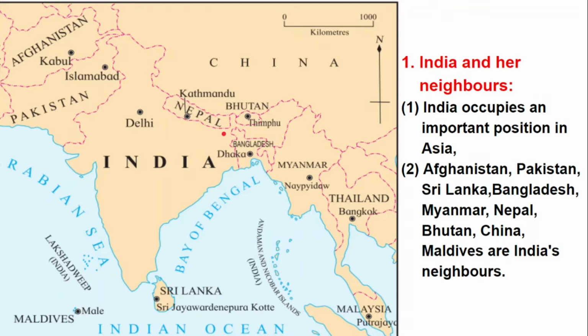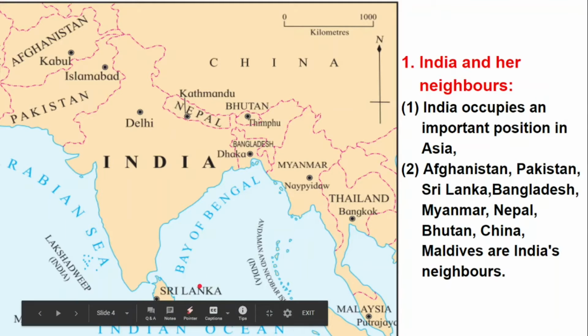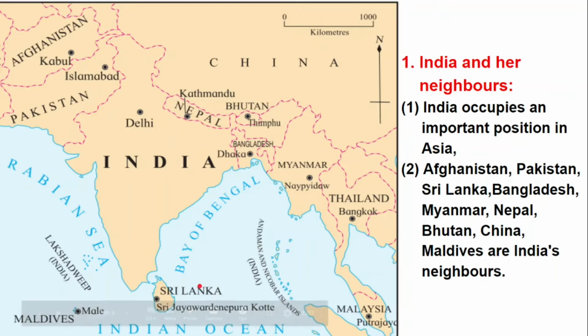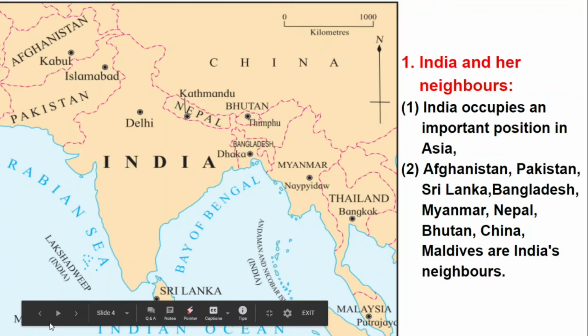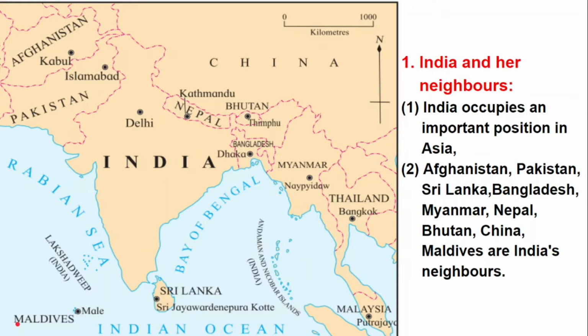Myanmar to the far east and Bangladesh to the east. Sri Lanka and Maldives are 2 countries with water borders. Here we can see Sri Lanka, and here the Maldives.